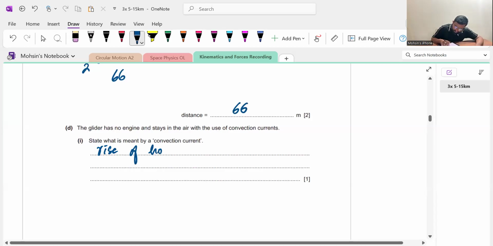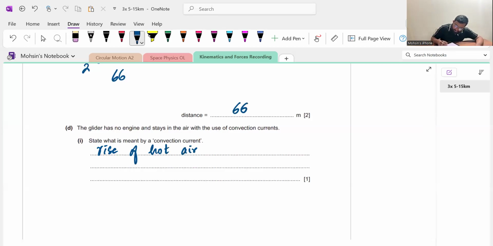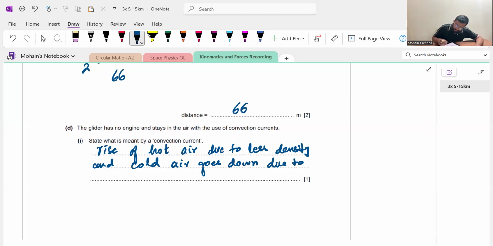Rise of hot air due to less density and cold air goes down due to higher density. So this is basically convection current.